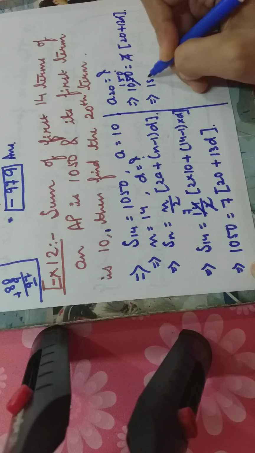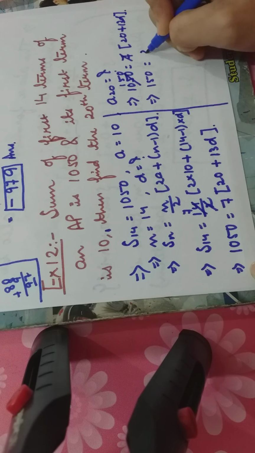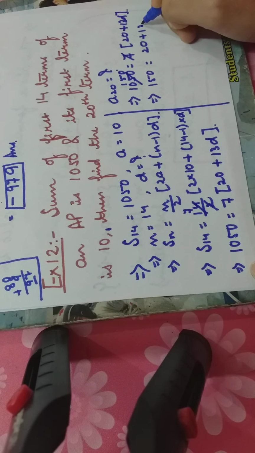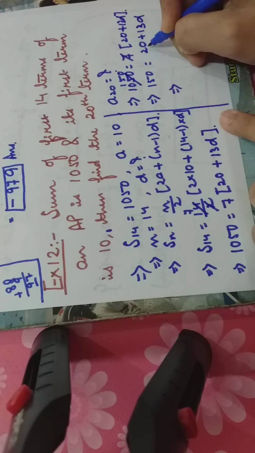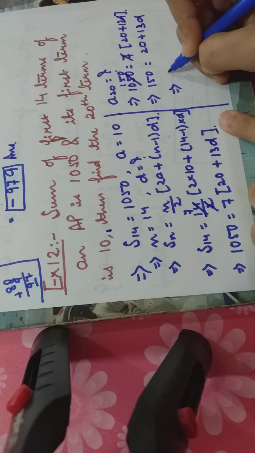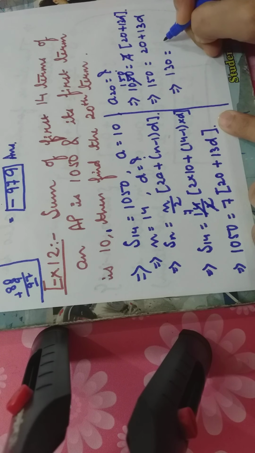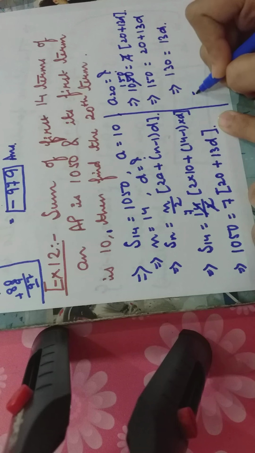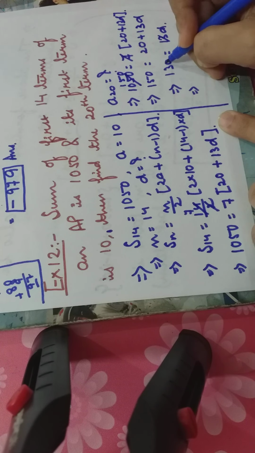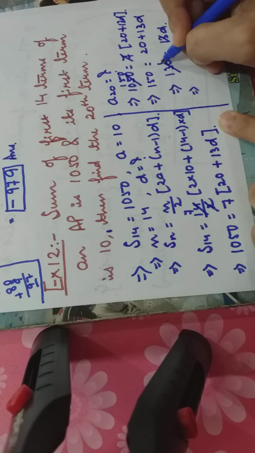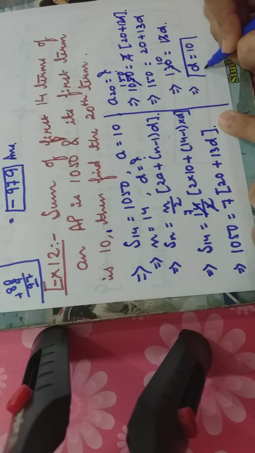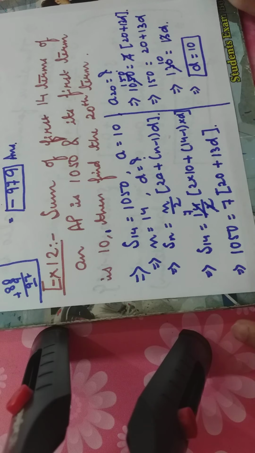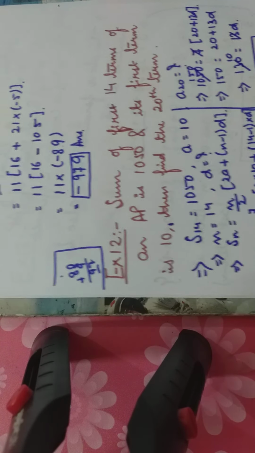On the LHS it will be 150 and on the RHS it will be 20 plus 13d. When I take this 20 to the LHS, 150 minus 20 will be 130 equals 13d. This 13 and 130 will cancel out, so you will get 10. So the value of d I have found is 10. Now I have to find the main part of the question, that is asking you to find the 20th term.